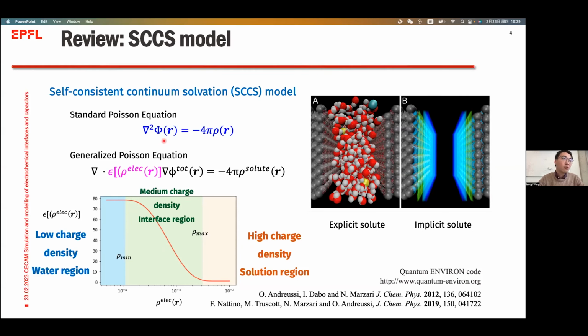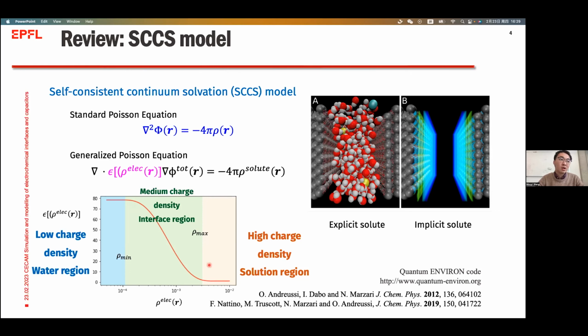In this model, we change the standard Poisson equation to this generalized Poisson equation. For charge density less than the minimum charge density threshold, we consider that area as a water region with the dielectric constant equal to 78, and for the area with charge density larger than the maximum threshold, we consider that part as solid atoms, with dielectric constant equal to 1.